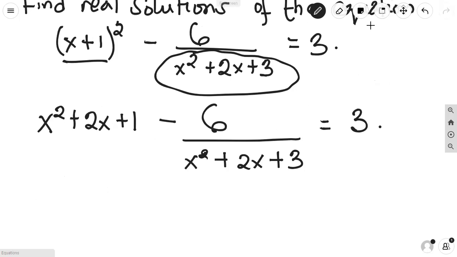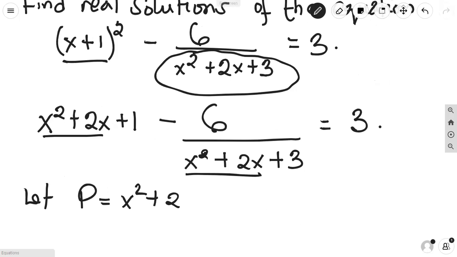Next, observe that the term x² + 2x is reflected in the denominator here. And of course, you can choose p to be equal to x² + 2x.